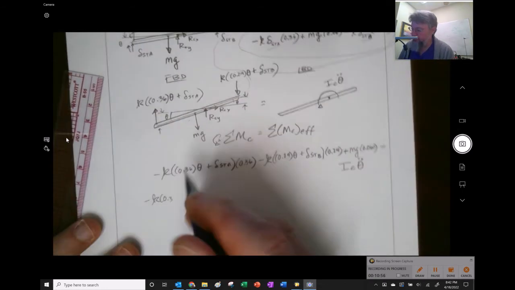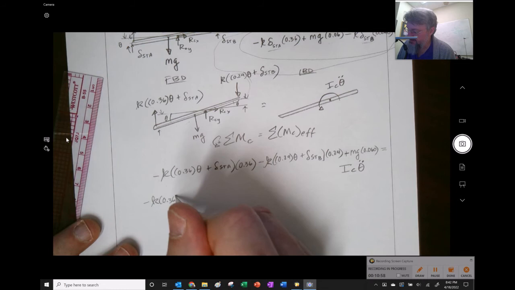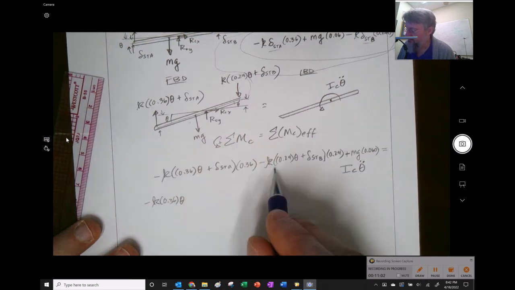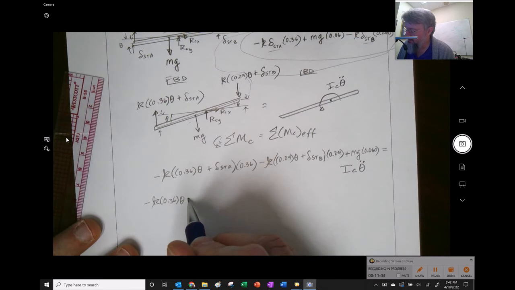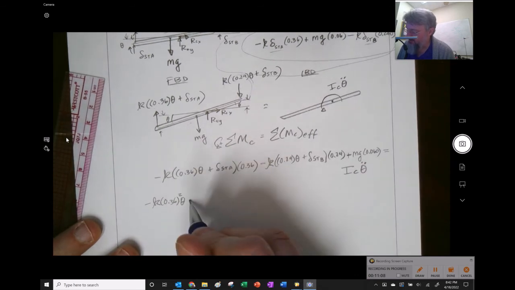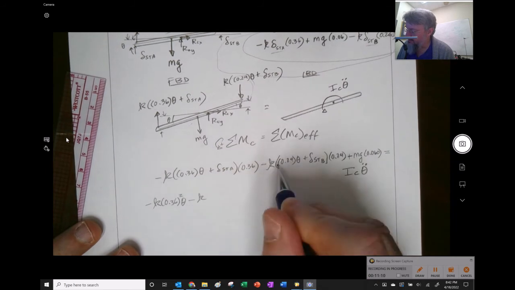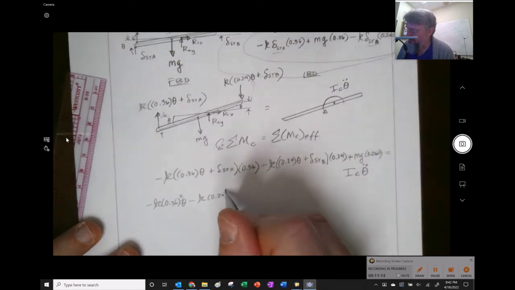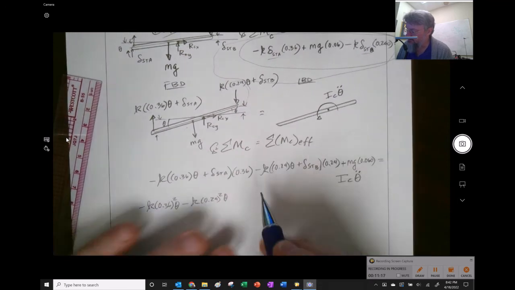All right, so 0.36 theta, I want that one. But that's got to be squared, right? So it's got that squared in there. And then this k 0.24 is getting multiplied here, so we square theta.